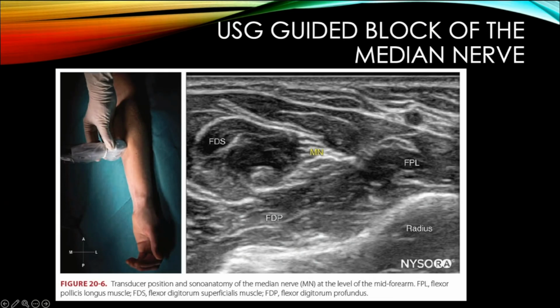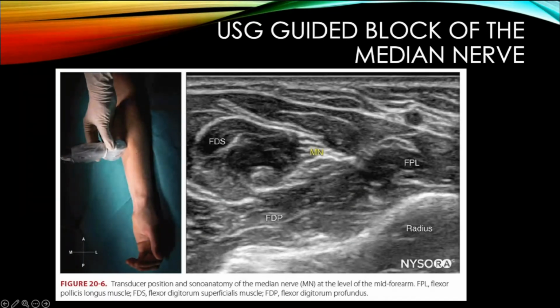So basically, when we do regional anesthesia, we want to balance the ease of the technique, the number of injections, etc., versus the risk of complications. I find that if I just want to do something on the hand for a brief procedure, I can get by with just doing a wrist block.